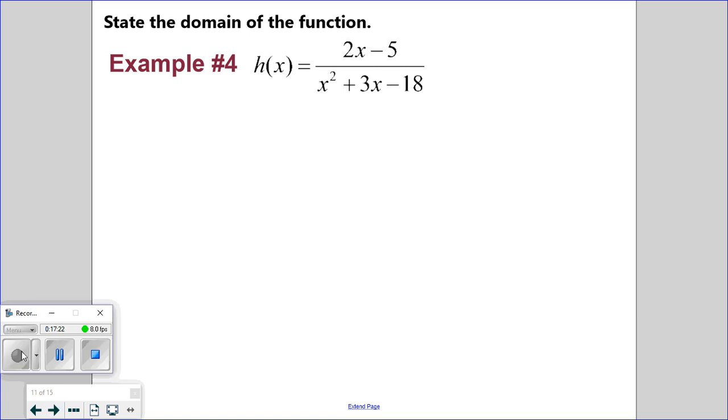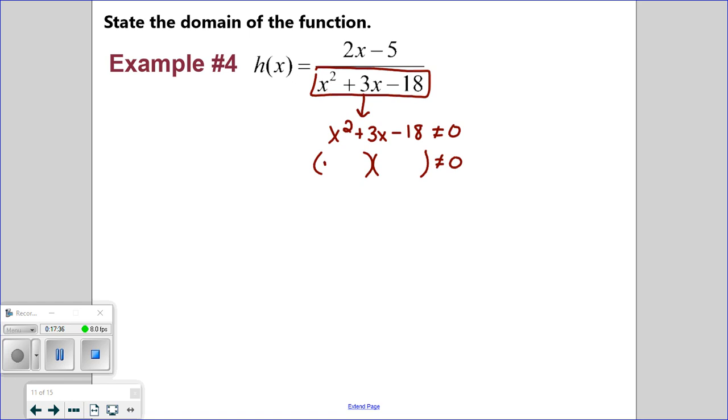All right, let's go ahead and check how we did. Just like the last one, we're going to take the denominator, because that's all we care about in a fraction. Say that our denominator cannot equal 0. This is a quadratic, so to solve for x, that tells me I need to factor. Factors of negative 18 that add up to 3, we should have picked positive 6 and negative 3.